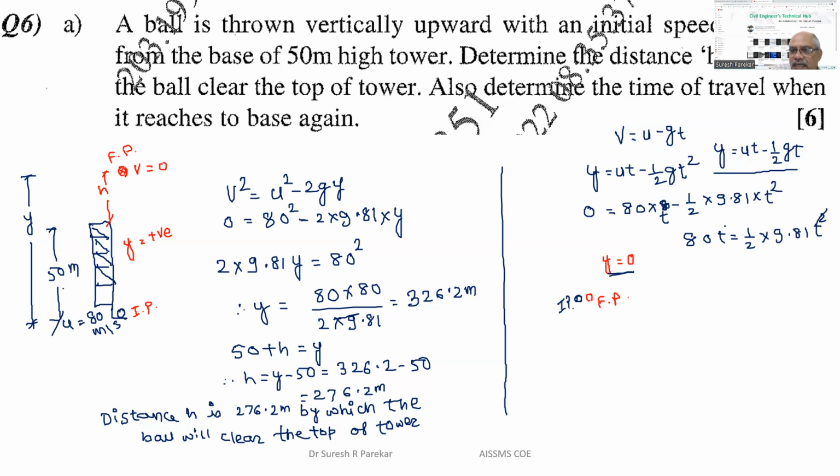So this t gets cancelled. Then, therefore, t is equal to 80 into 2 divided by 9.81. And we have the value t equal to 160 divided by 9.81, and this is 16.31 second.